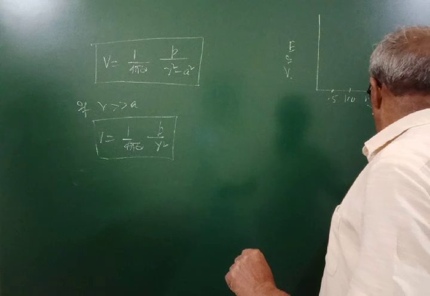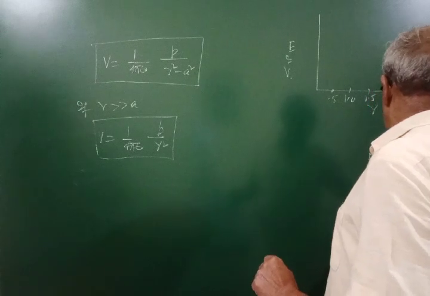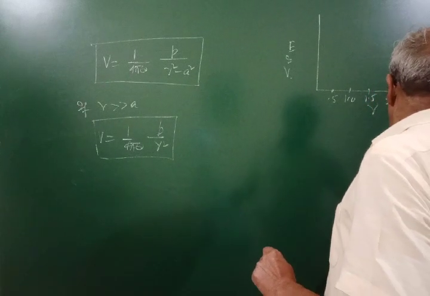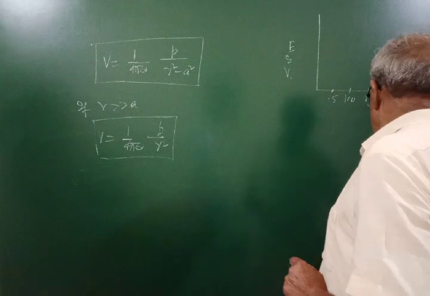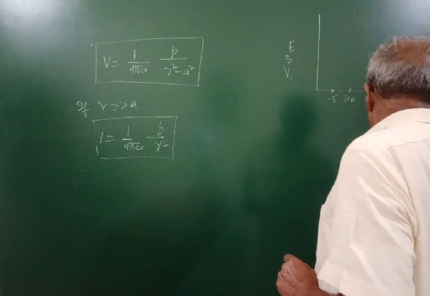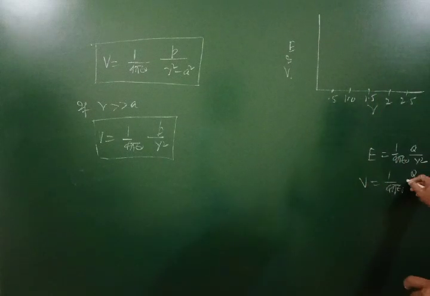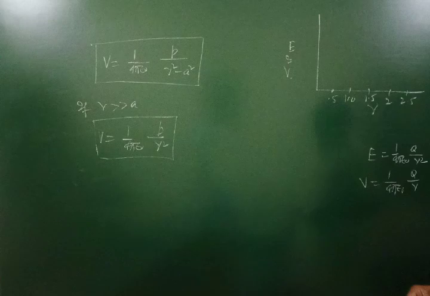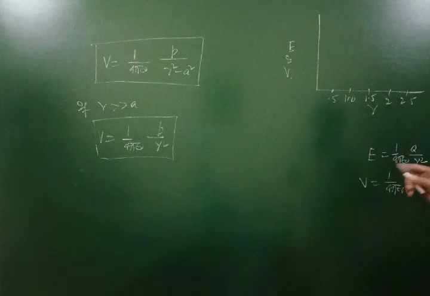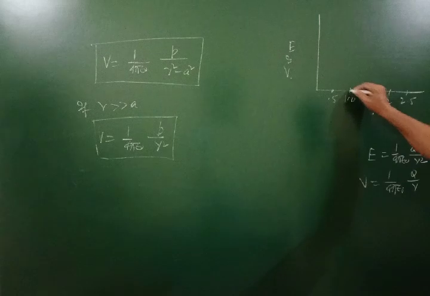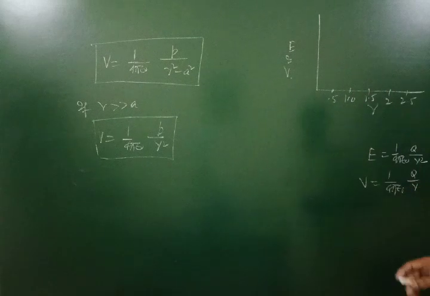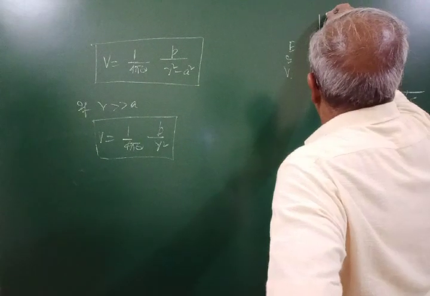E is equal to 1 upon 4 pi epsilon 0 q upon r square, and V is equal to 1 upon 4 pi epsilon 0 q by r. If r is less than 1, suppose 0.5 meter, which will be greater? E will be greater than V, and at r equal to 1 meter, both will be the same. So we can plot this graph like this.